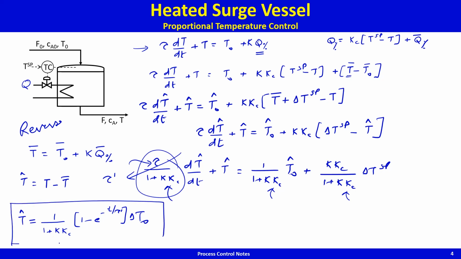Similarly, if the set point is changed by delta t sp, then the deviation in t is going to be kkc divided by 1 plus kkc into 1 minus e to the power minus t by tau prime, times delta t sp. Note that tau prime depends both on operating conditions and the controller tuning.